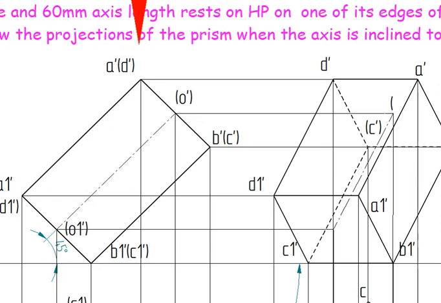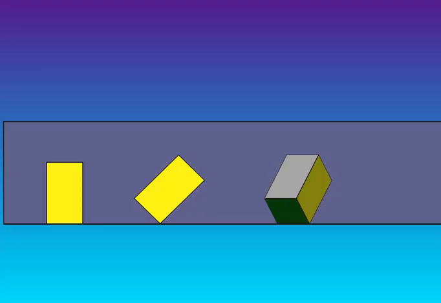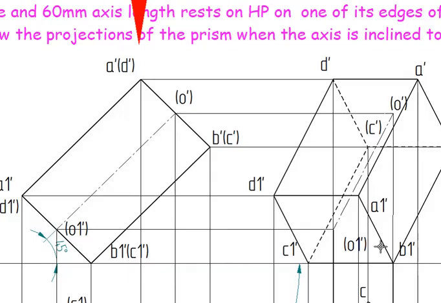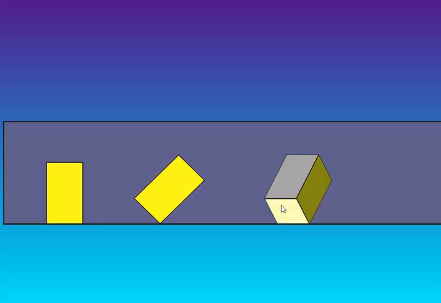Here O1 dash is visible for the bottom face. Now the bottom face is visible, so this should be outside the bracket. So bottom face is seen, top face is not seen.